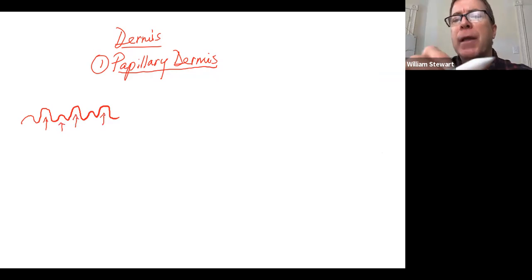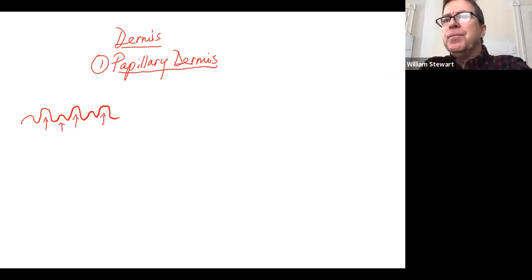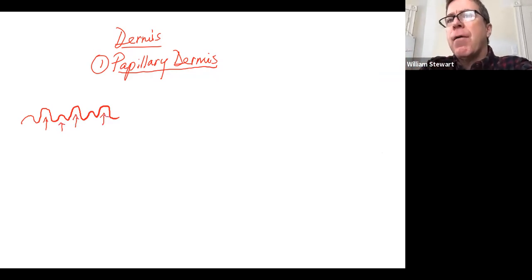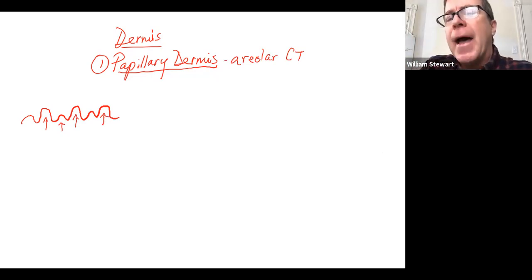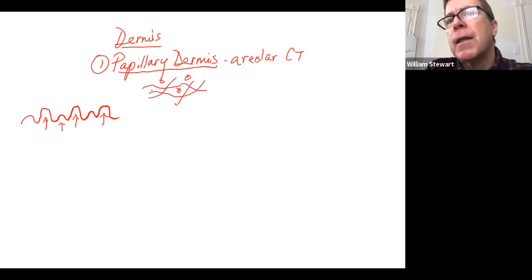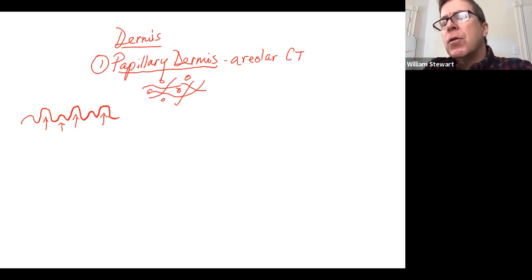That's why it's called papillary dermis. It's mostly made up of areolar connective tissue, which we learned about in our connective tissue unit. That is some fibrous connective tissue that has cells interspersed in it like this. It's also, there are areas that are highly vascularized.